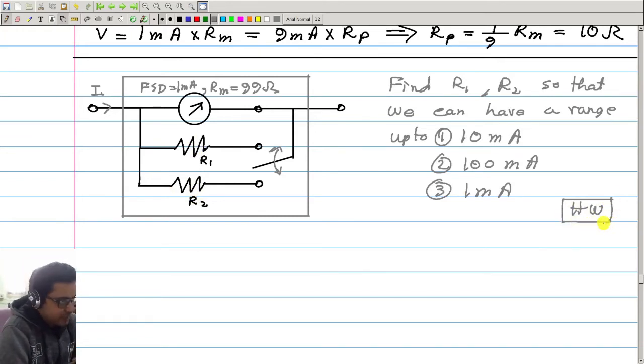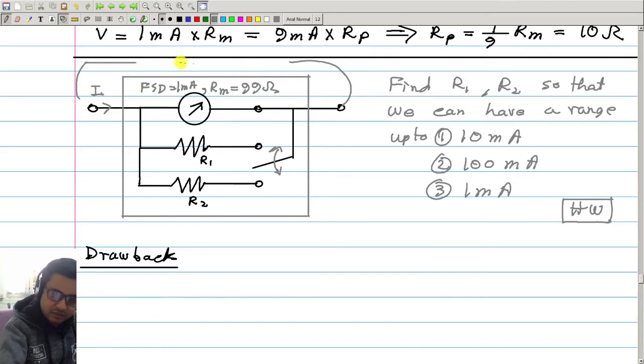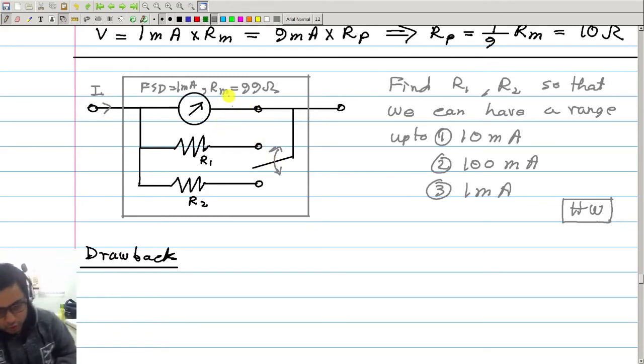Now this arrangement has a drawback. Suppose you are measuring some current which is flowing, so there must be some closed path, and while you are measuring that current you want to change the range of the meter.